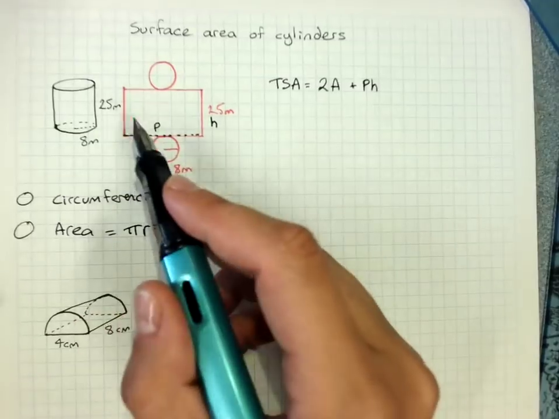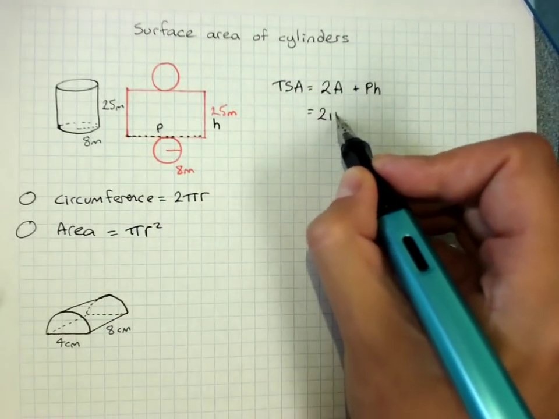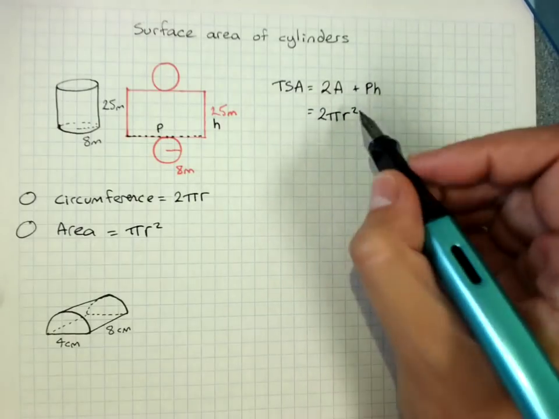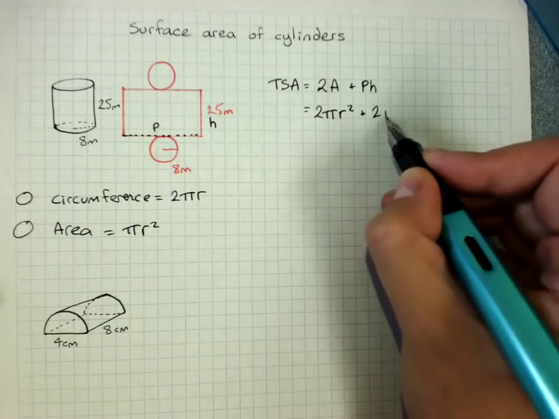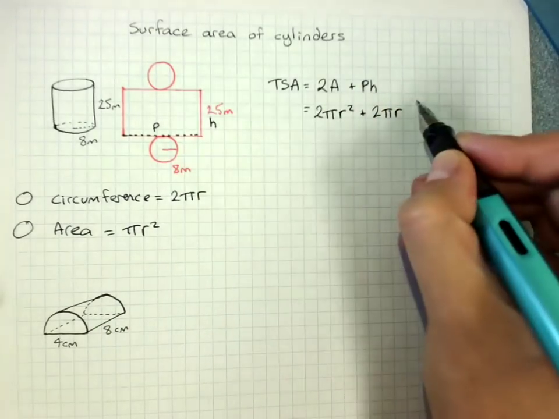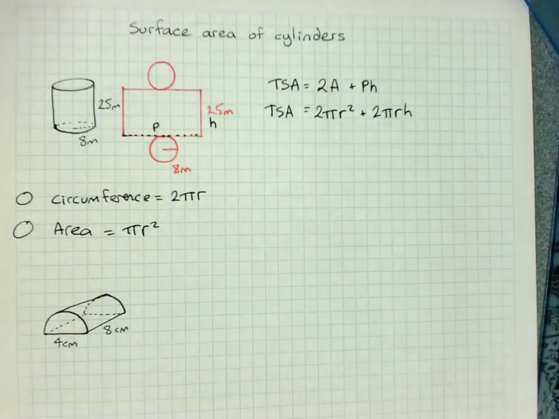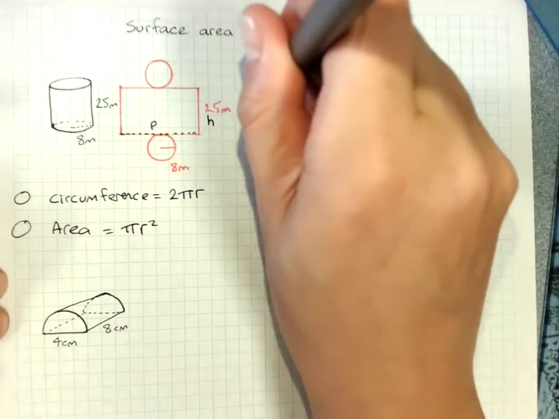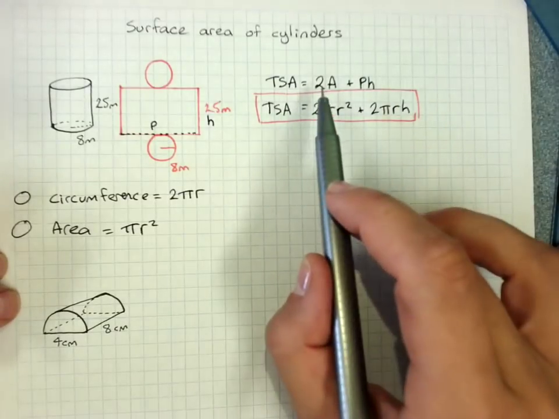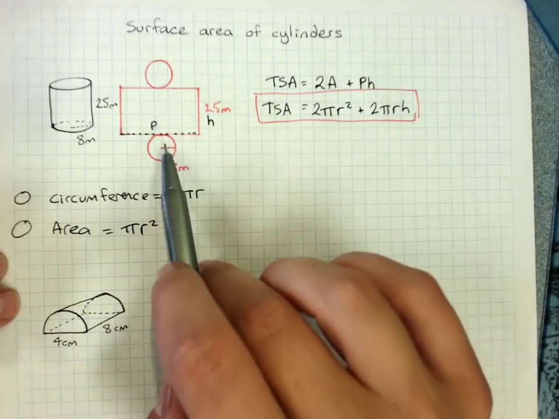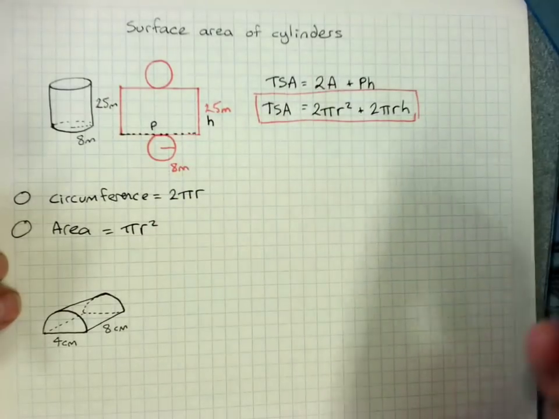So the total surface area is 2 lots of the area, that would be 2 pi r squared, plus the perimeter, which is 2 pi r, times the height. So the total surface area of a cylinder has its own formula, which is this, but it's based on that formula that works for any prism: 2 lots of the area of the cross-sectional shape plus the perimeter times the height to get the rectangle.